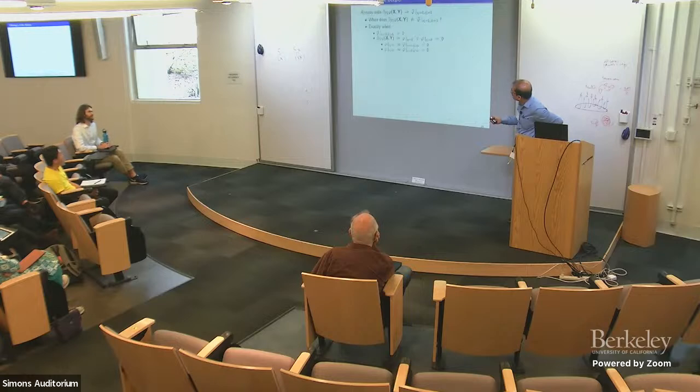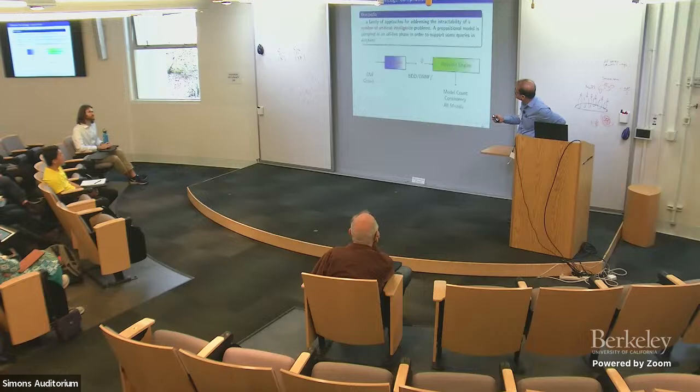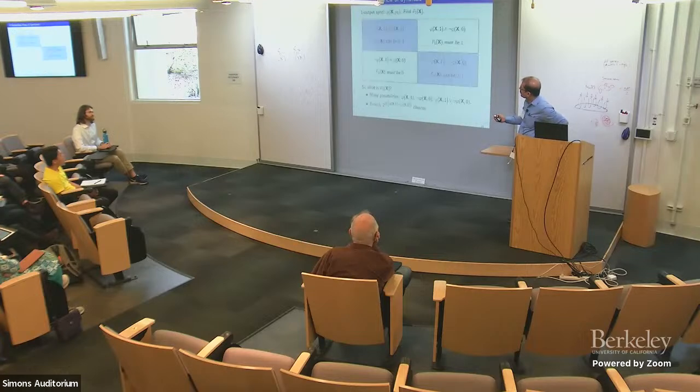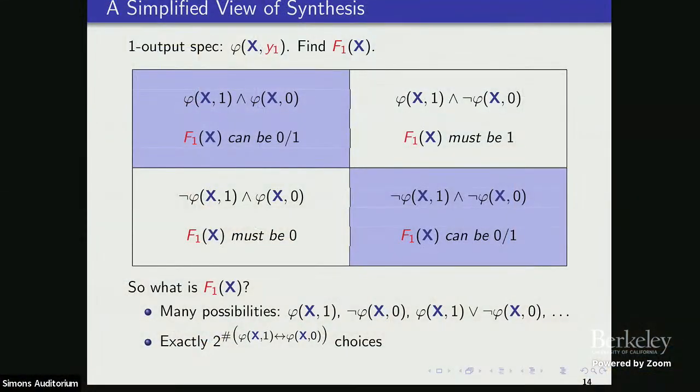I mean, we basically said I can very efficiently synthesize one output, and then I can reduce the multi-output case to the one output case. But if I say that this one output can take on, let's say, 1,000 values, I don't have such simple forms for coming up with the Skolem function from that one output.